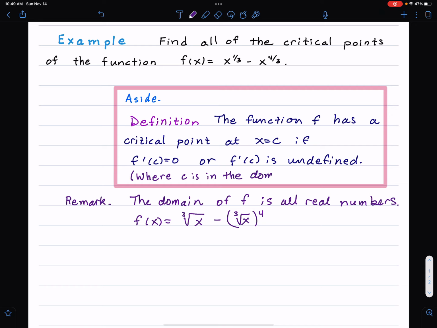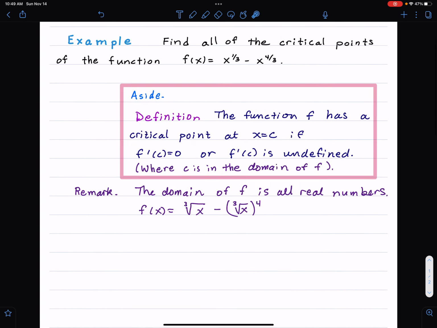So we're looking for critical numbers c where the derivative is equal to 0 or the derivative is undefined, where c is in the domain. If f of c is undefined, then f prime of c would be undefined, but that wouldn't be a critical number.